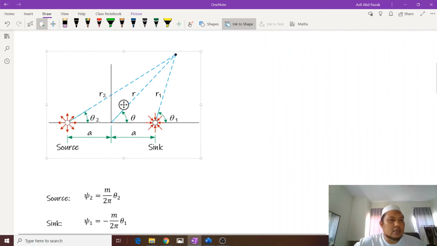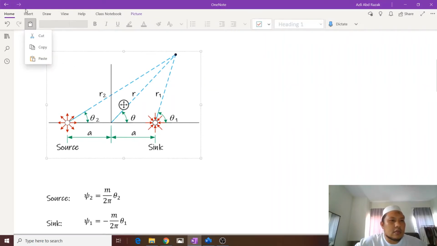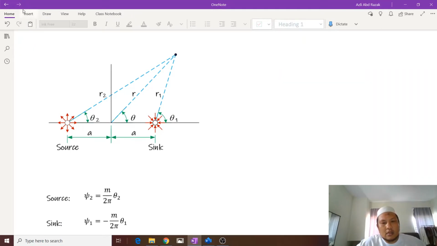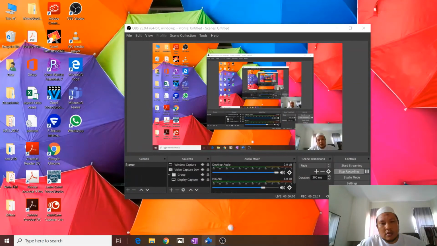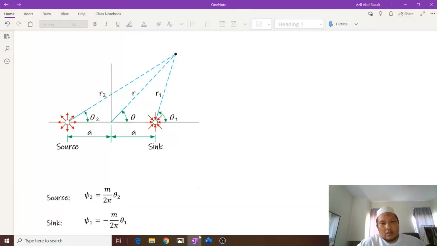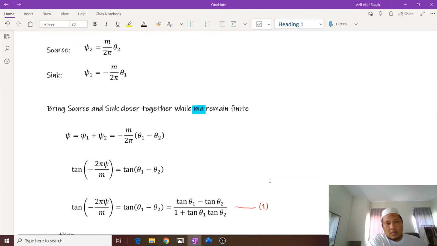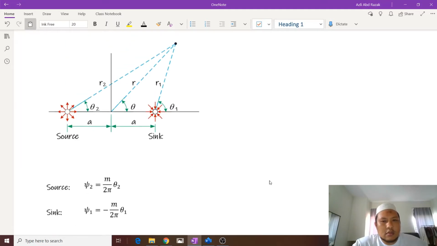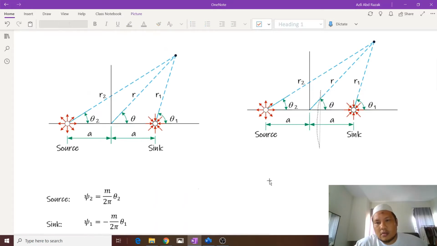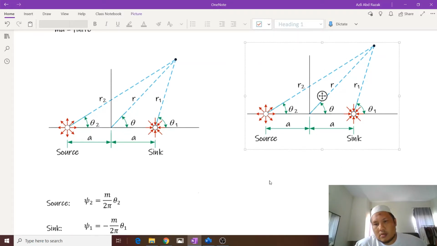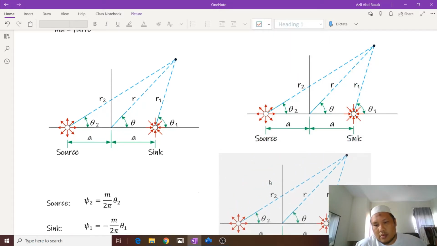Let's copy this figure. Okay, I put the figure here.